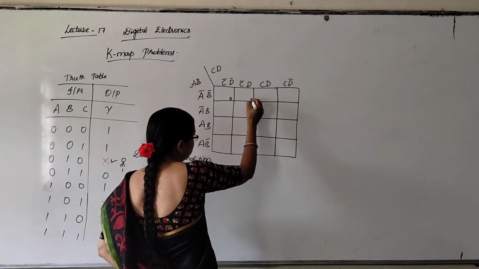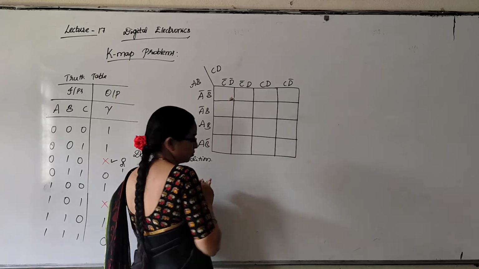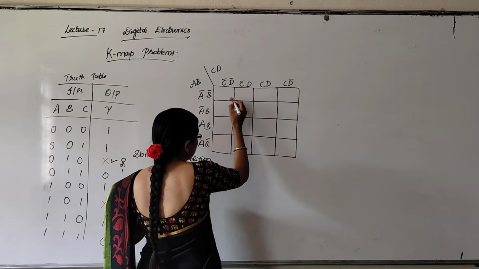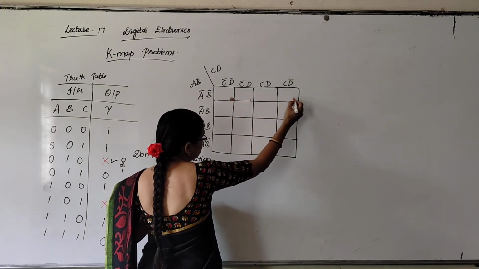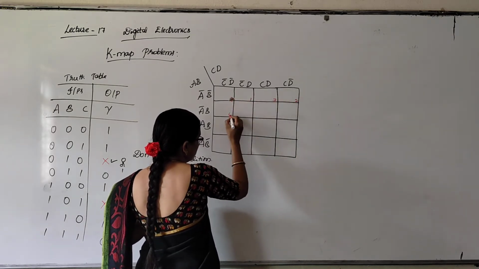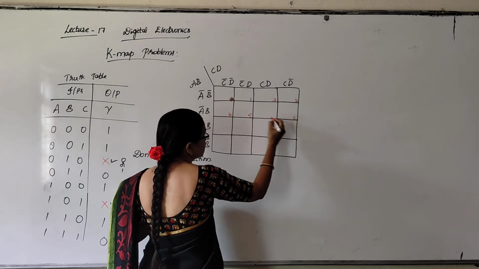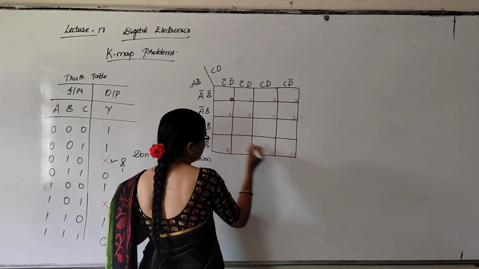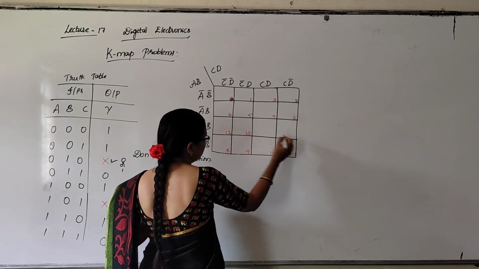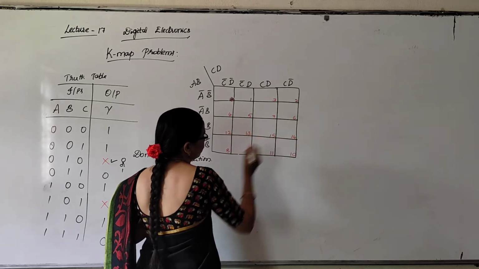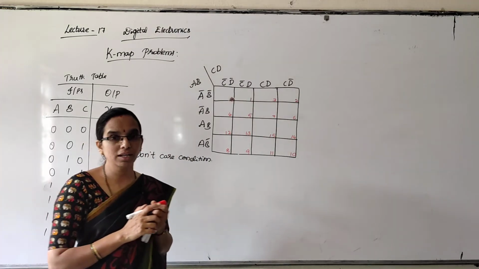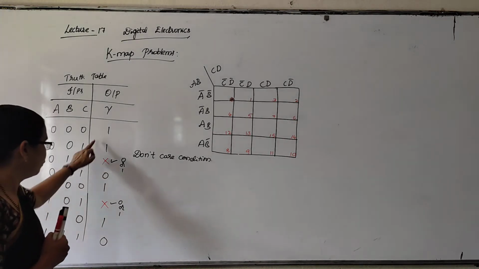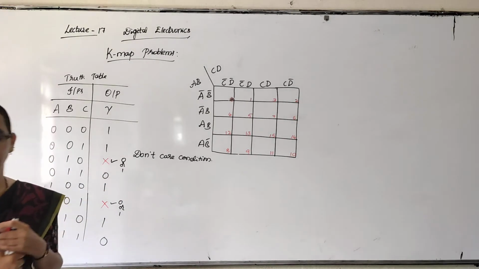It is 0, 1, 2, 3, 4, 5, 6, 7, 8, 9, 10, 11, 12, 13, 14 and 15. Okay. Try to mark the ones on the Karnaugh map.